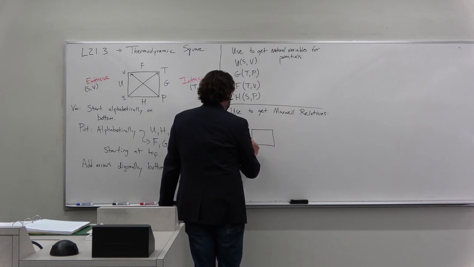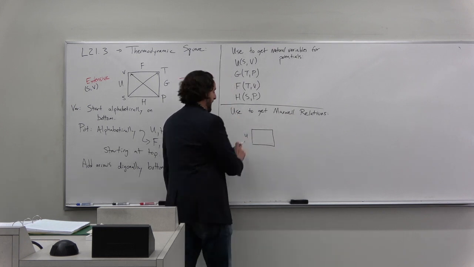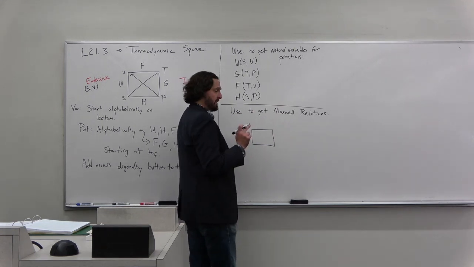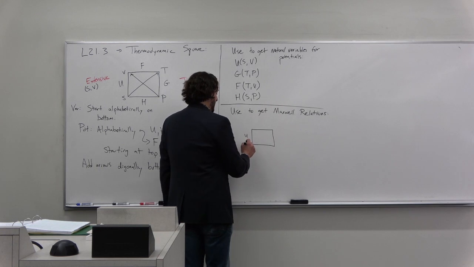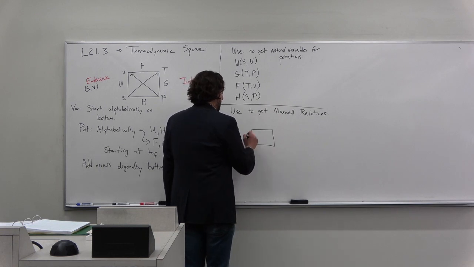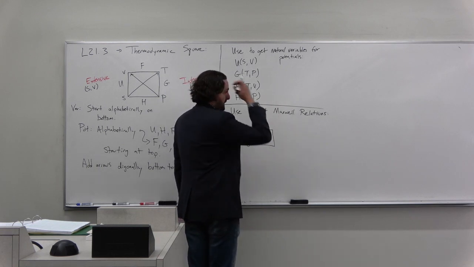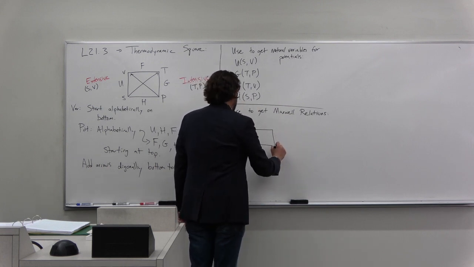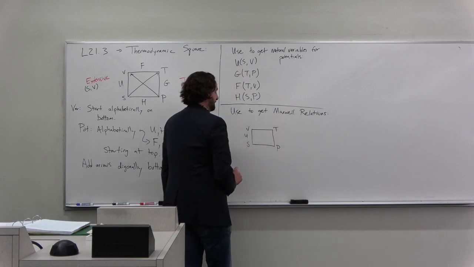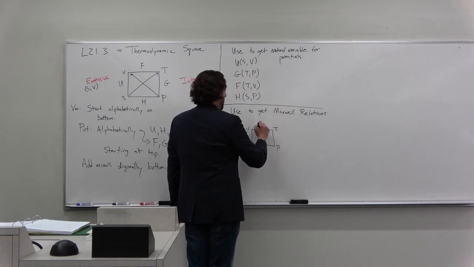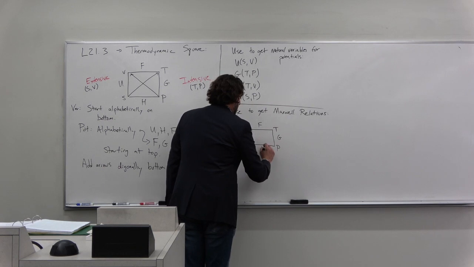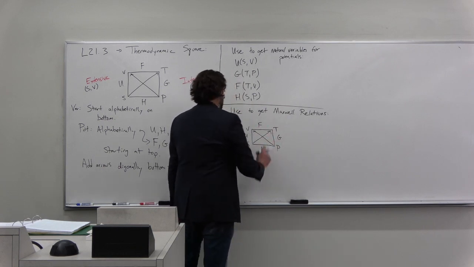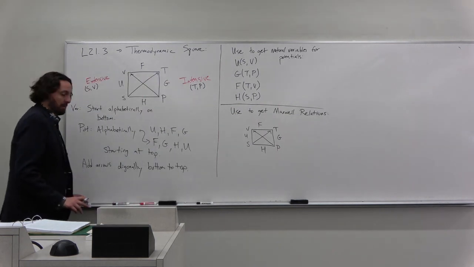So U is, remember, I always just remember I start there, but what did we say? Extensive on the left, alphabetically, S and V, intensive on the right. So this was P and T. Bottom to top, alphabetically, F, G, H, and U. Add our arrows.